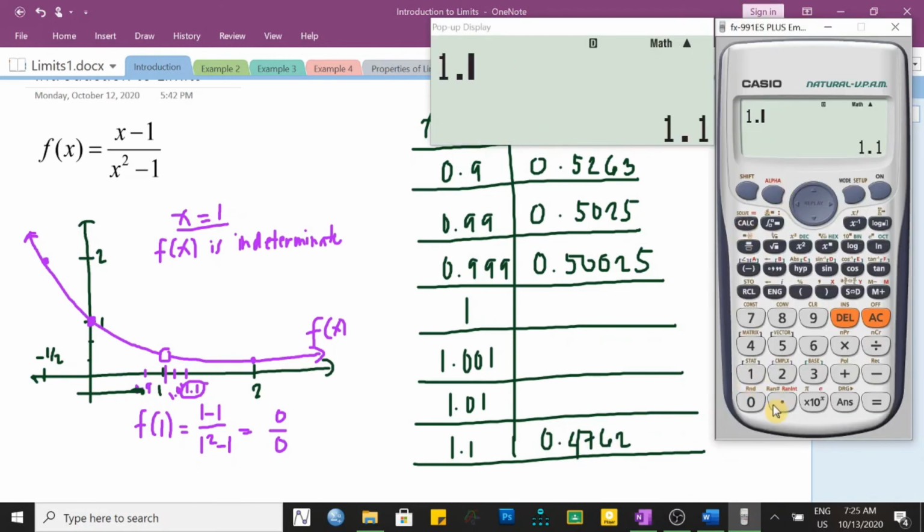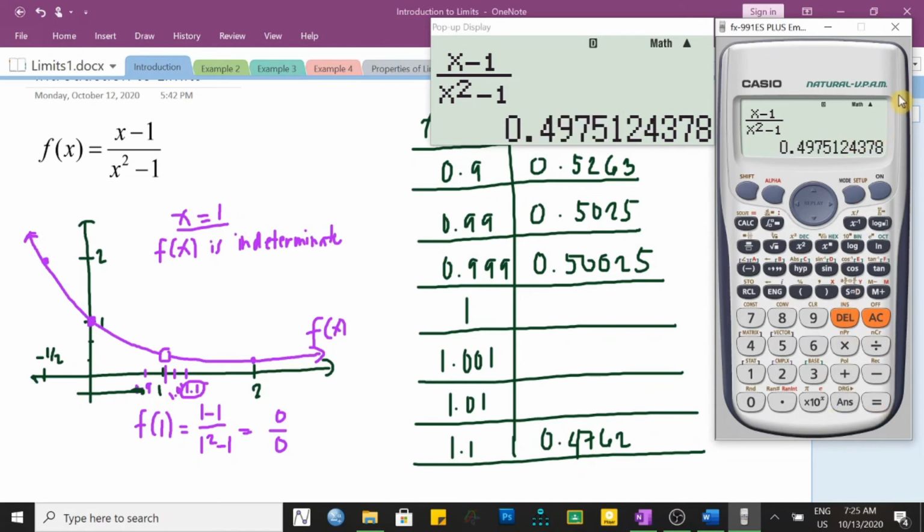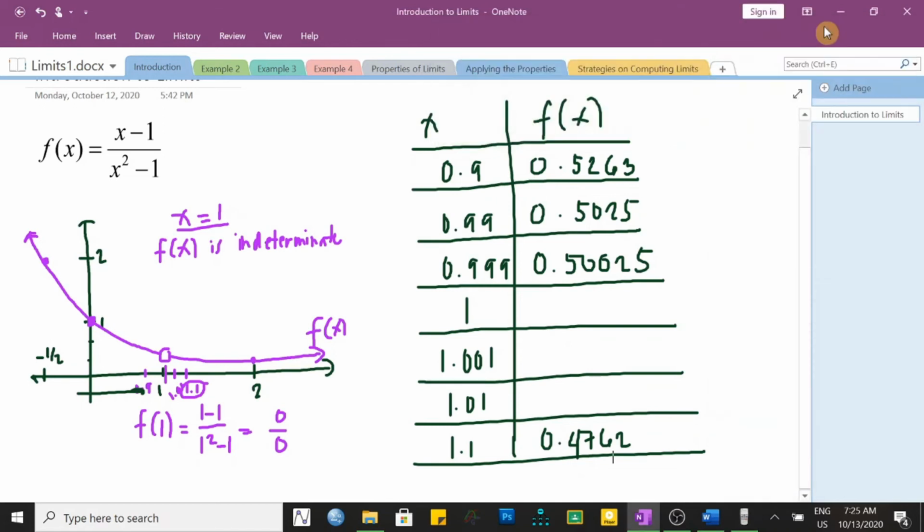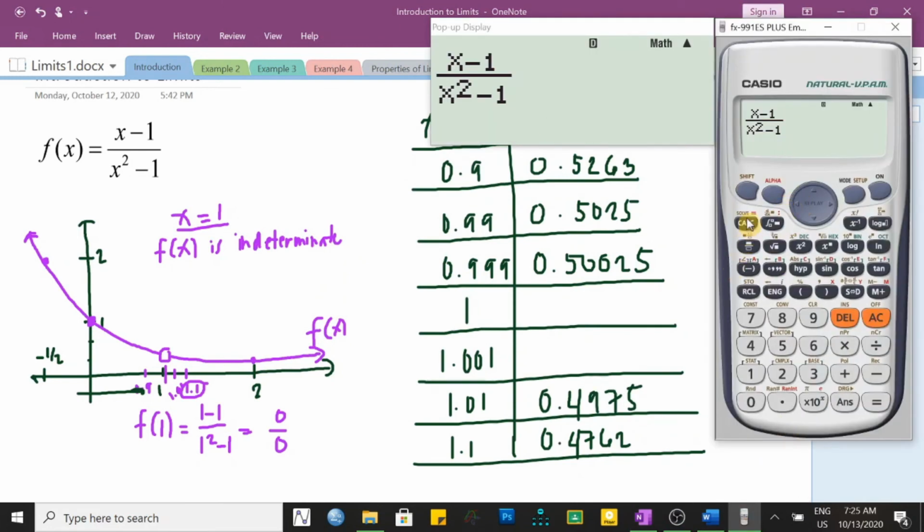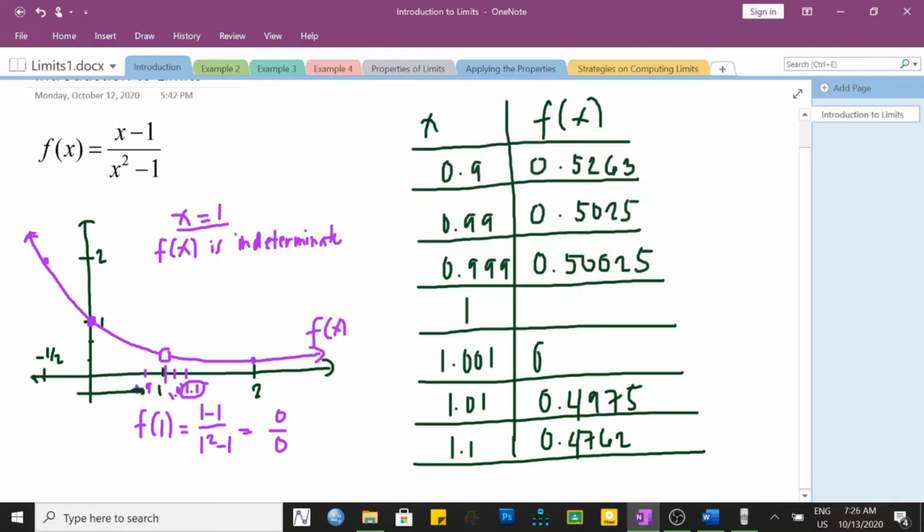We have 1.01. That gives us 0.4975. And lastly, for 1.001, we have 0.4996. Correct? 0.4996. Okay, we are now done.